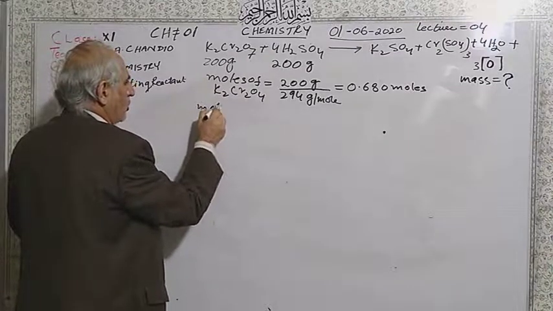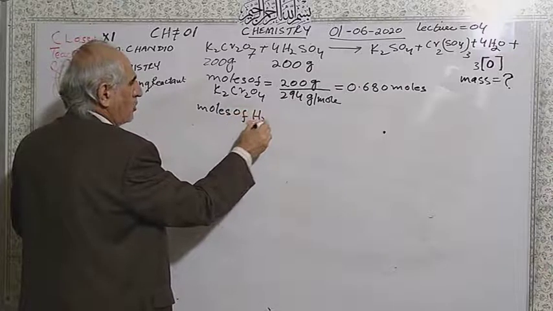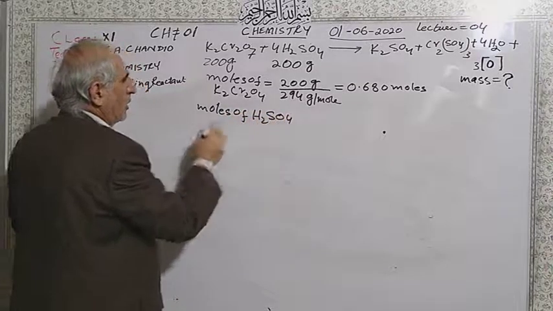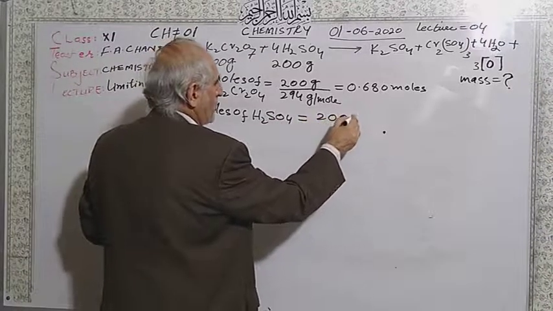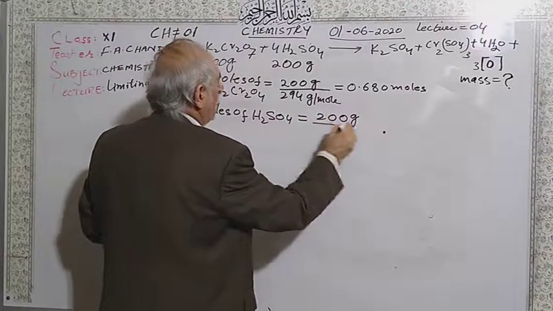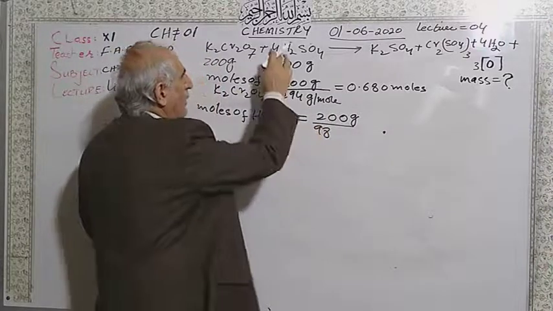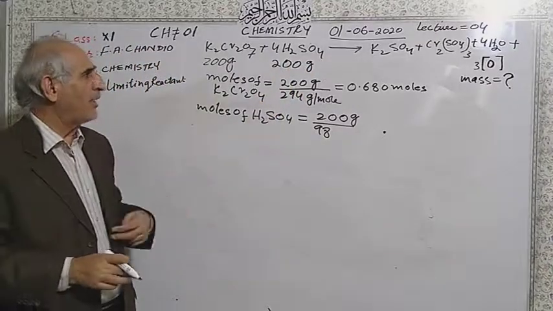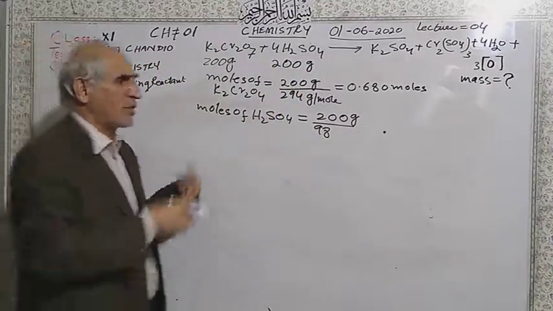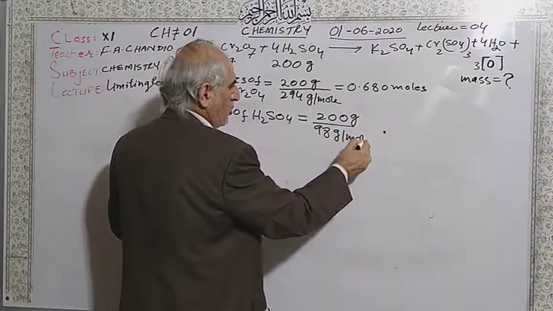Same for moles of sulfuric acid. So 200, same 200 grams. Molecular mass of sulfuric acid 98: hydrogen is 1, sulfur 32, oxygen is 16, add up, you will get 98 grams per mole.